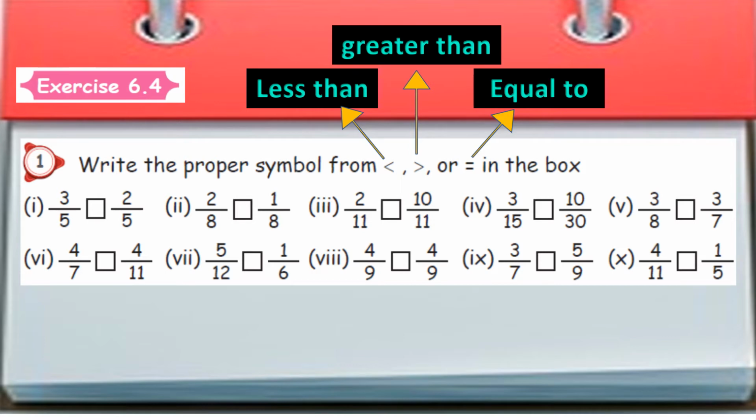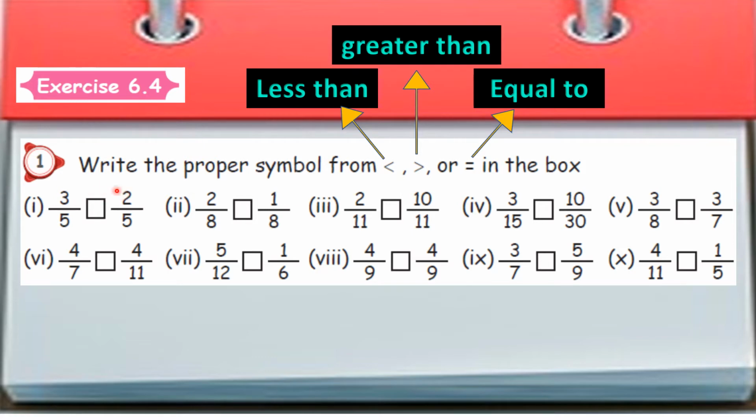Fine. Now we are going to compare. Look at this first one, 3 by 5 and 2 by 5, isn't it? So look at the denominator. This fraction we call a like fraction because the denominators are the same, isn't it? Then don't bother about the denominator, just look at the 3 and 2.